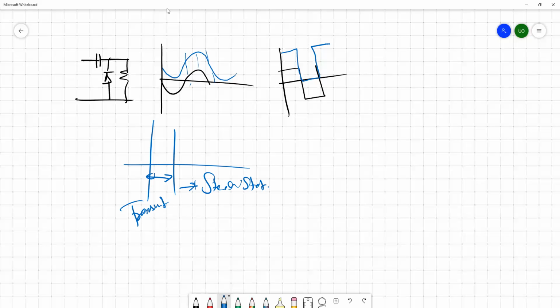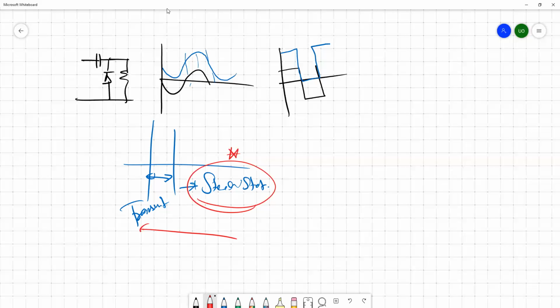So if you are asked to draw the output, you just draw the steady state output. So this is the output we are focused on. But if I ask you to discuss the circuit, you have to treat both.